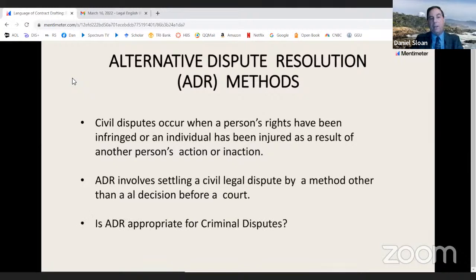And is ADR appropriate in criminal disputes? Sometimes people will ask that: is alternative dispute resolution really appropriate for a criminal dispute? Some of the things that have been discussed here in California, I know some of the judges that I've spoken with have discussed this topic. So something to think about while we're going through our discussion.